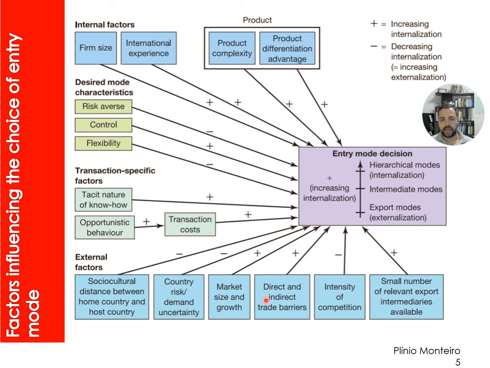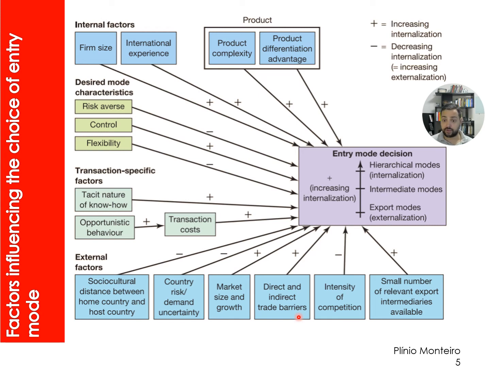Also, the direct and indirect trade barriers. If you're trying to enter a country where you have a lot of direct and indirect trade barriers, probably it's better for you to have business in that country, to establish your office there.